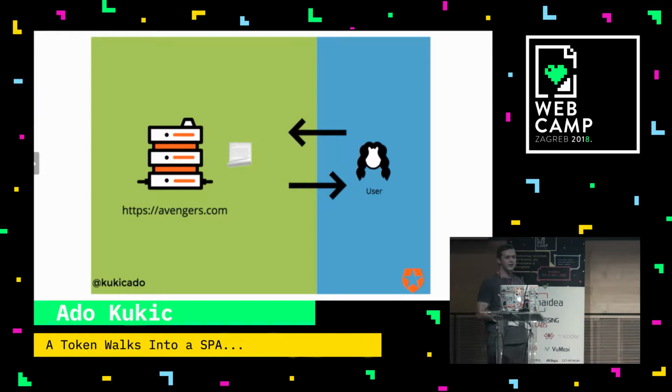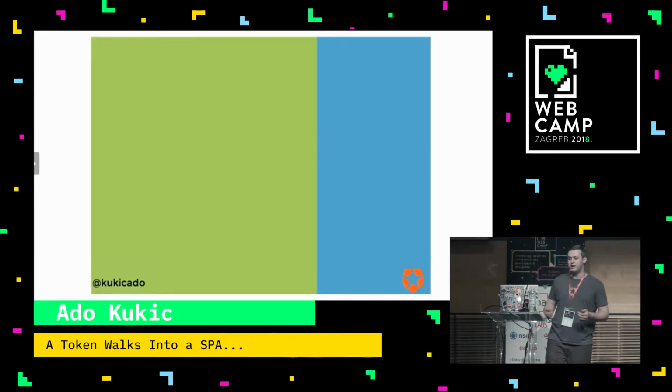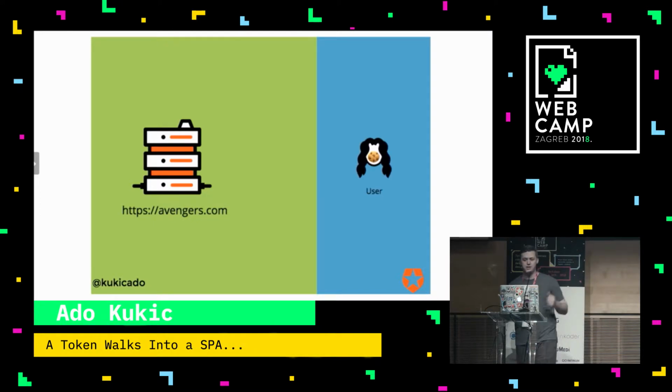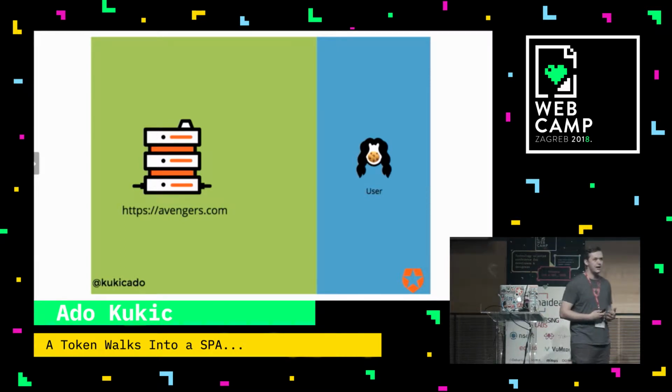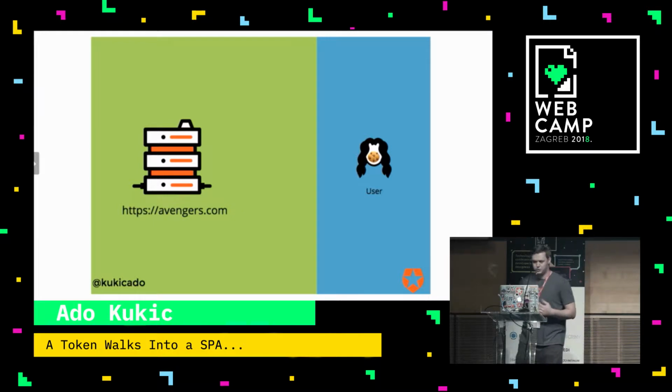When it comes time to access a protected resource in a traditional web application, the way it works is once the user is authenticated, they have a session cookie in their browser. And this is just an arbitrary string of characters that is passed along with every single request.